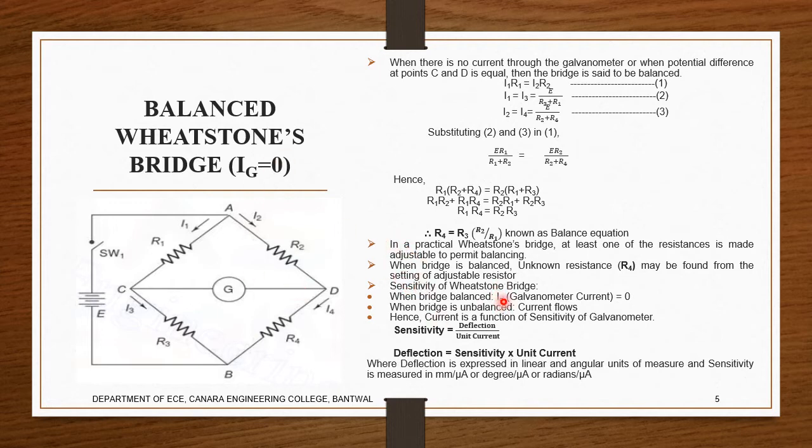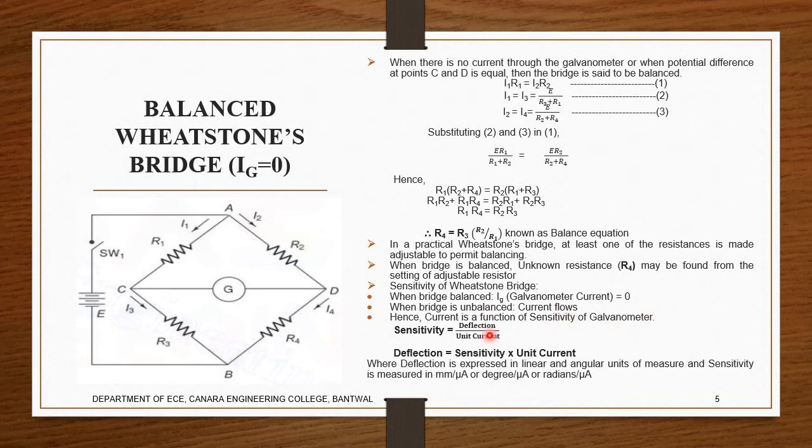The next concept is the sensitivity of the Wheatstone bridge. When a bridge is balanced, Ig is equal to 0. When it is unbalanced, current flows. So current is a function of the sensitivity of the galvanometer. What it detects when the bridge is unbalanced is the current flow, and that factor we consider as the sensitivity of the galvanometer.